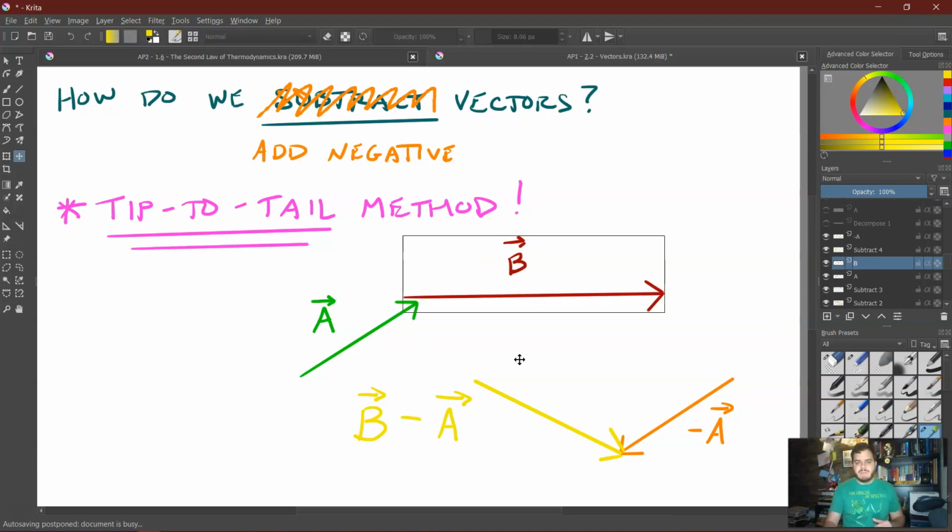It would be the opposite of this one. So you would end up with a vector of the same length, but the direction would be wrong. Which makes sense, because in subtraction, the order of the numbers matters. Same thing here. When we're subtracting vectors, you have to start with the first one, B, and then add the negative A. We can't go the other way around. You have to go in the same order.